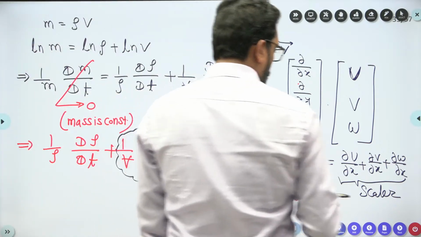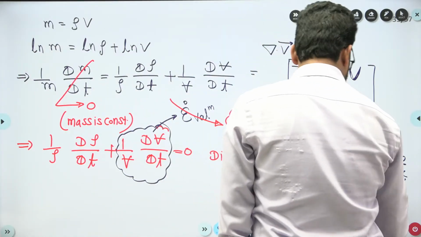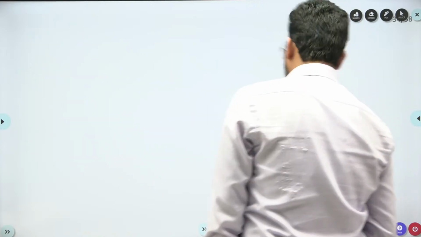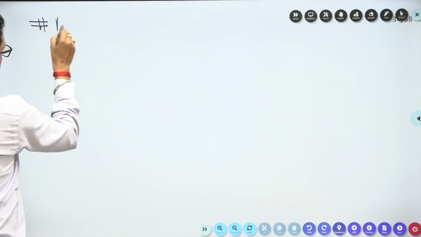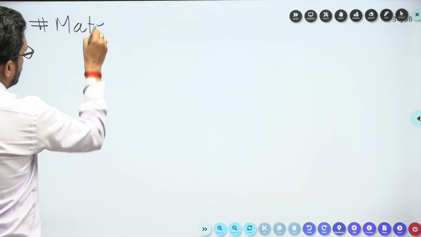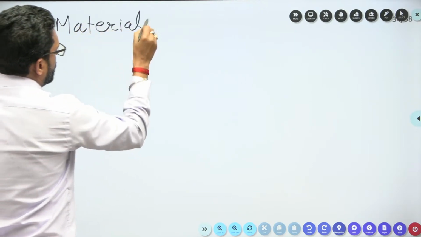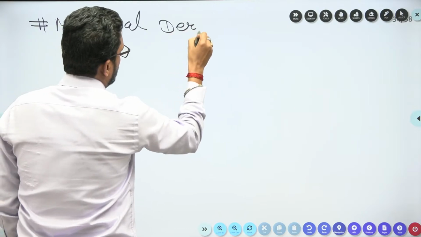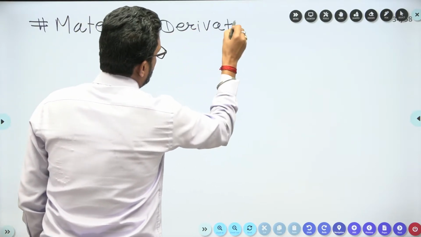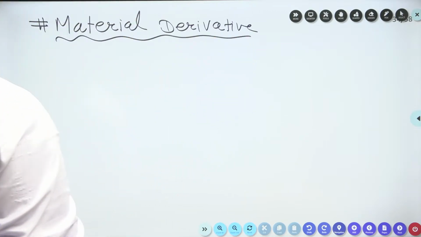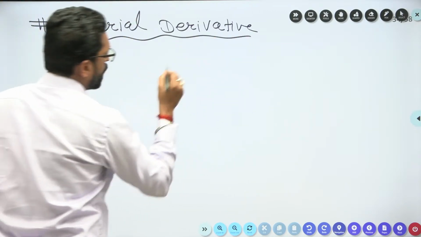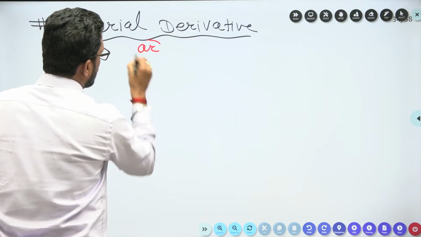So there is one more concept, the material derivative, that we will discuss. What is that material derivative? Capital D, और इसी को बोलते हैं बेटा substantial derivative.